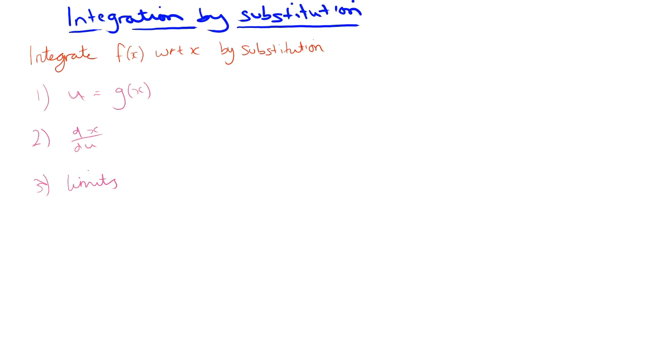So the example we're going to have a look at is the integral from 1 to 3 of 1 over 1 plus 2x dx.